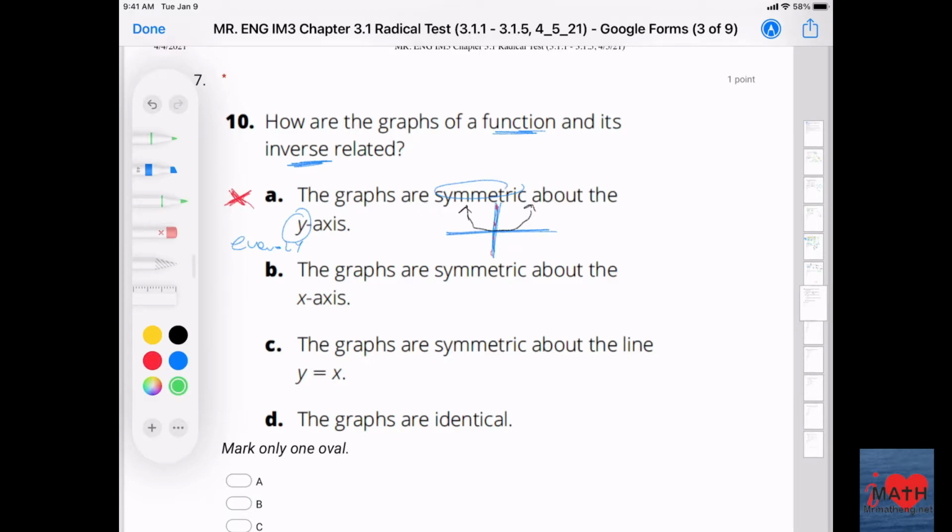Alright, the graphs are symmetric about the x-axis. So again, if you take the same graph we just had above, and now we're saying it's symmetric or reflects over the x-axis, then you're saying the graph is something like this. That one to me looks like more of a transformation, like y equals x squared, and then the second graph looks like negative x squared, where your a value is -1.